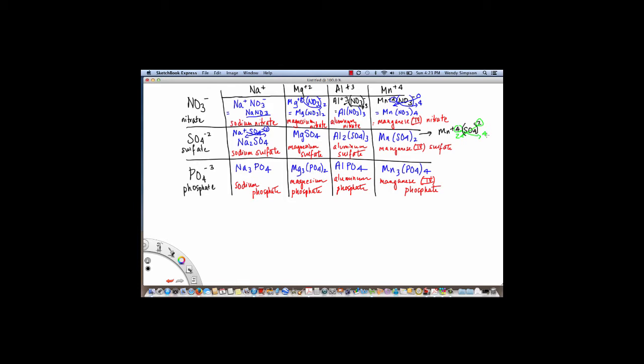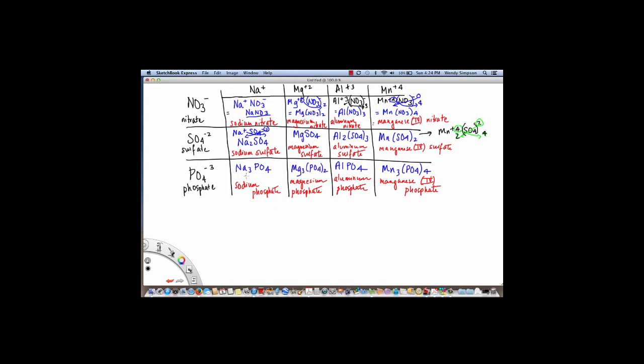Both of these are divisible by 2. So the 2 can be divided by 2 to become a 1. So manganese has a subscript of 1. The 4 can be divided by 2 to have a subscript of 2. So sulfate has a subscript of 2. So this formula, Mn2(SO4)4, simplifies to Mn(SO4)2. Remember, in ionic compounds, subscripts have to have the lowest whole number ratios.